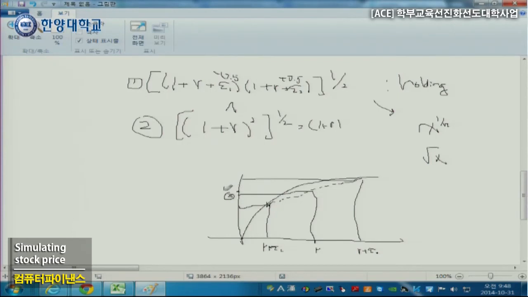So this is 1, right? This one has the same length, and this one has the same length. So in this case, we have to make a convexity adjustment. Actually, we have to adjust it down.